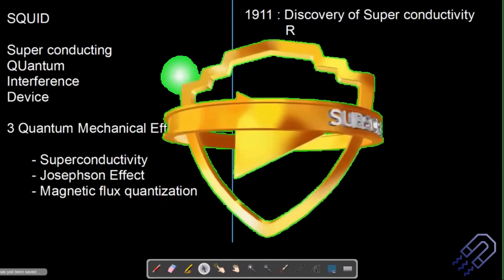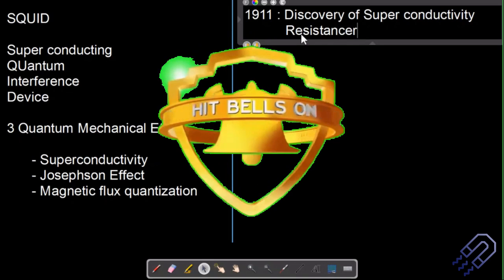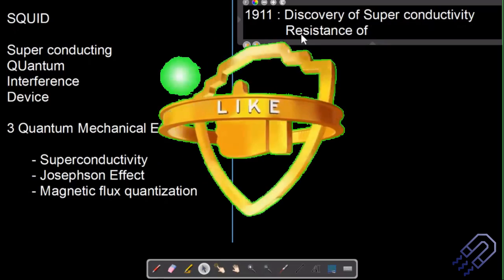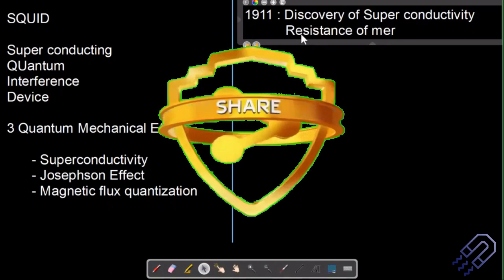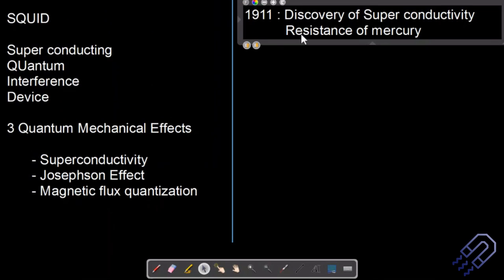So what happened in the year 1911? Kamerlingh Onnes observed the resistivity of mercury when it was cooled by liquid helium.